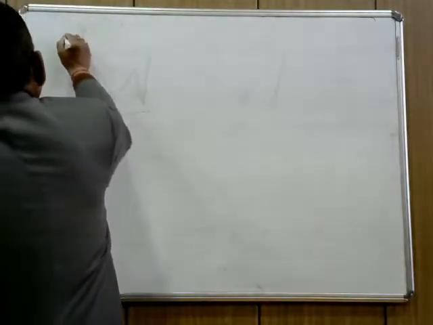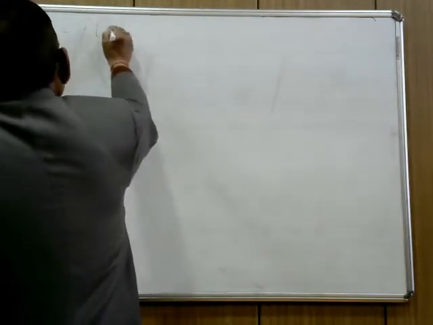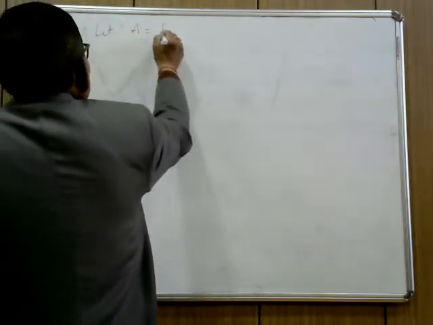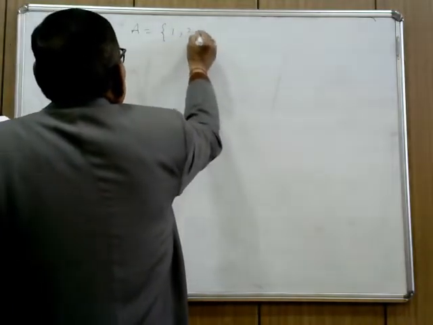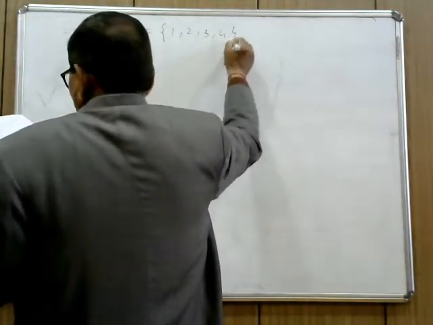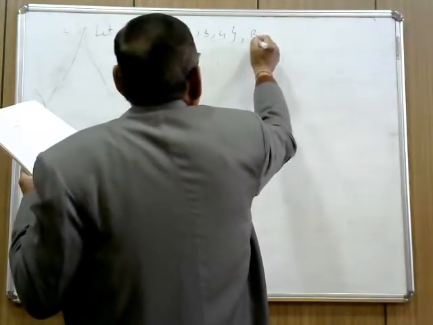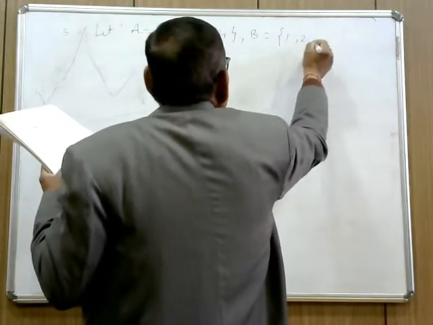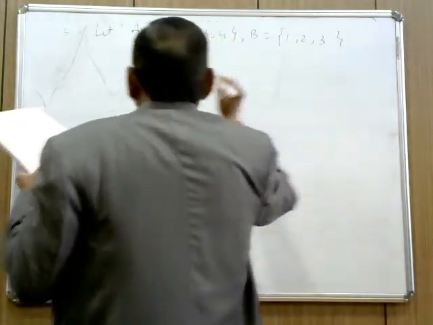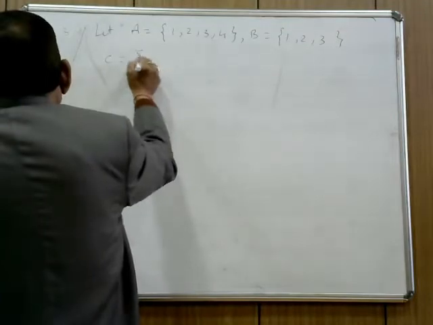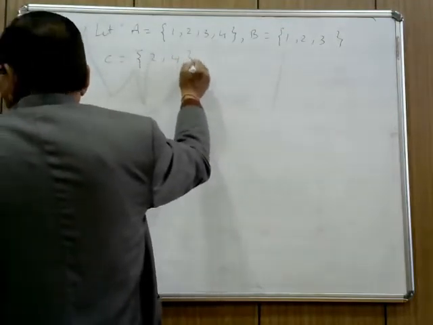Third, let A equal to {1, 2, 3, 4}, B equal to {1, 2, 3}, C equal to {2, 4}.